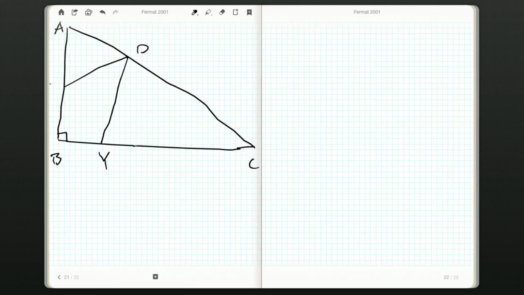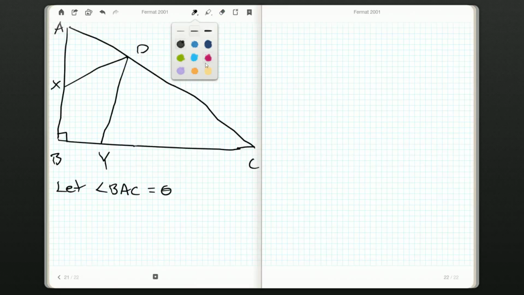There, that's more believable. So I'm going to let the angle at A be theta. As I said, the sum of the interior angles of a triangle is 180 degrees, and that means that C is 90 degrees minus theta.